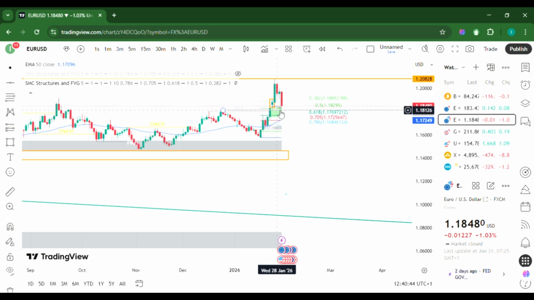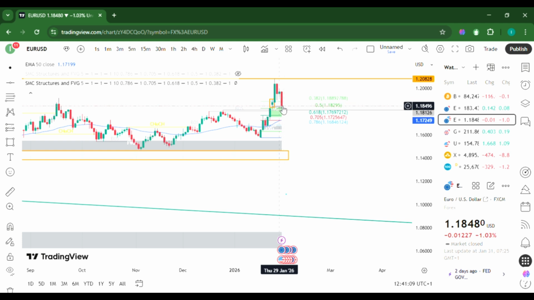You can see that we have a fair value gap here, which we are expecting price to mitigate either 25%, 50%, 70%, or 100% of it. So at this point, price can mitigate part of it and push to the upside.